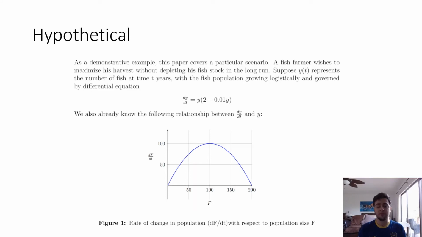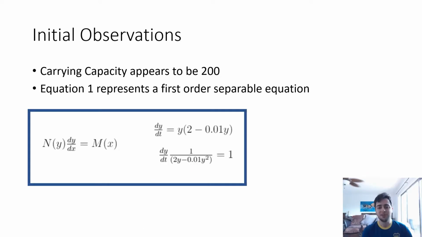The first observation you might see is that once we start seeing a population of 200 fish, the rate of growth of the fish population drops to 0. And what this really means is that the fish population will achieve carrying capacity at 200 fish. The ecosystem simply cannot handle a population of, say, 500 fish because it doesn't have the adequate resources to do so.